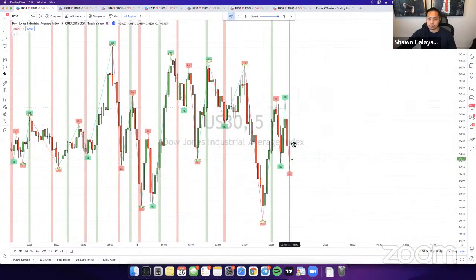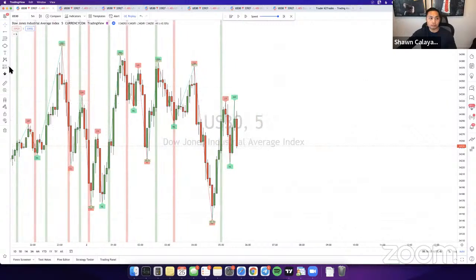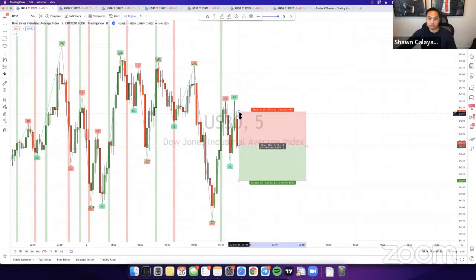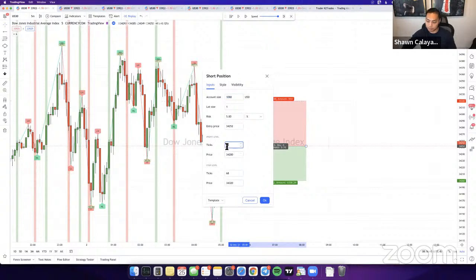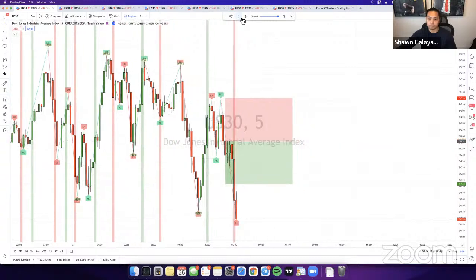So here is an example again. Right here, on December 2nd, you would have your stop loss, TP right there. Full TP.